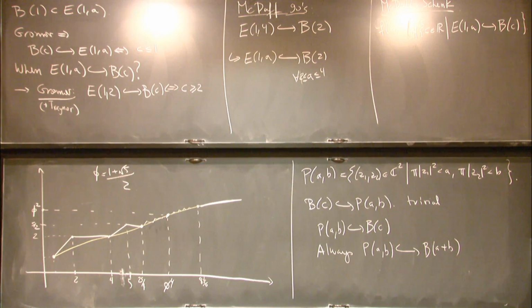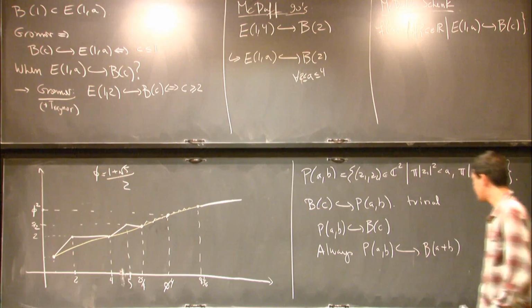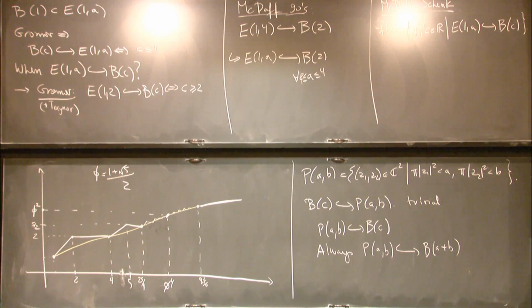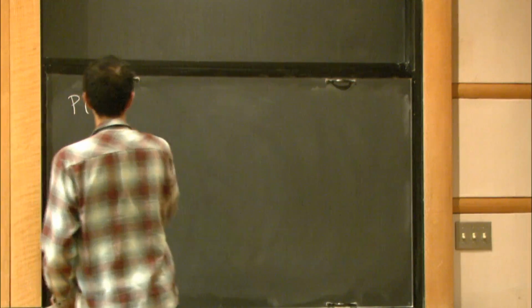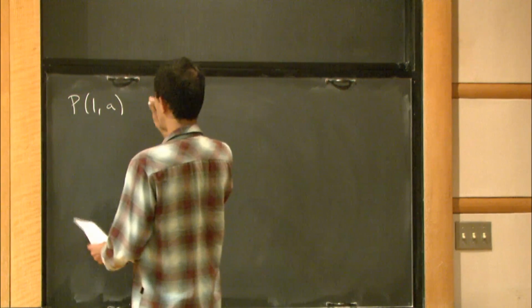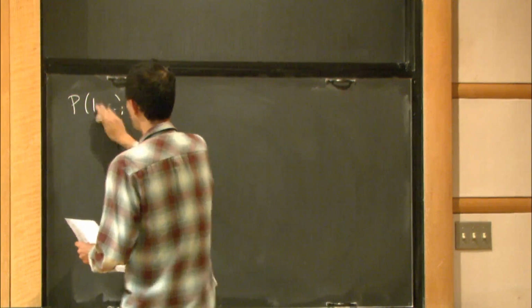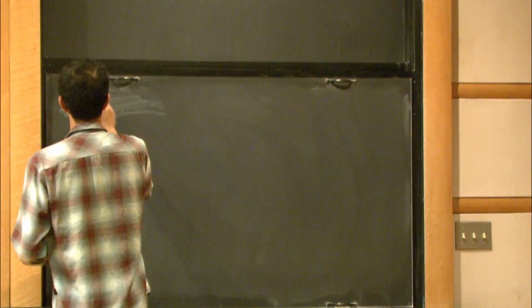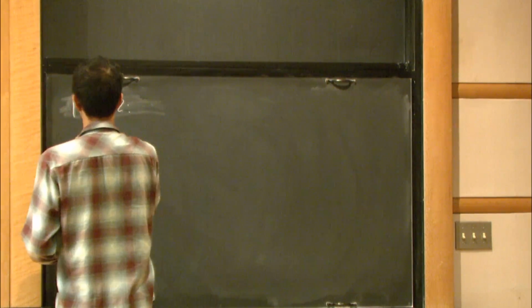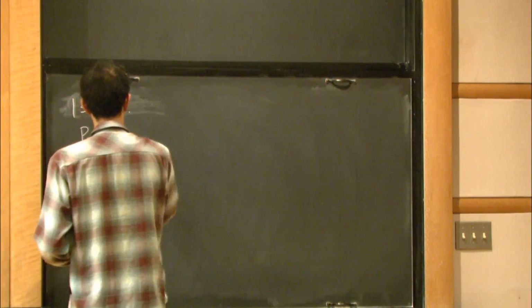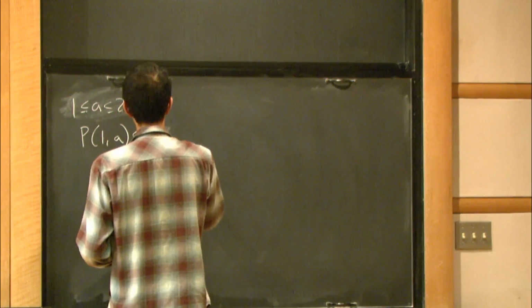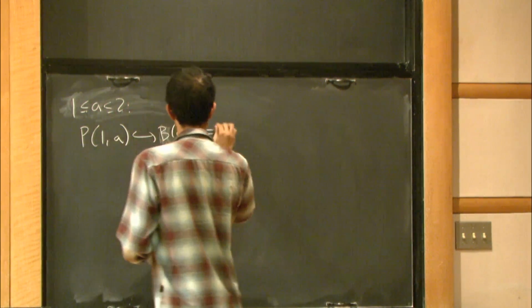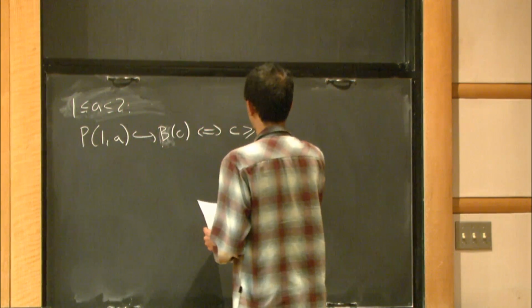So again, I'm going to divide everything by a number, so I'm just going to take P(1,a). The first thing to know is that if a is between 1 and 2, then P(1,a) embeds into a ball B(c) if and only if c is at least a plus 1.